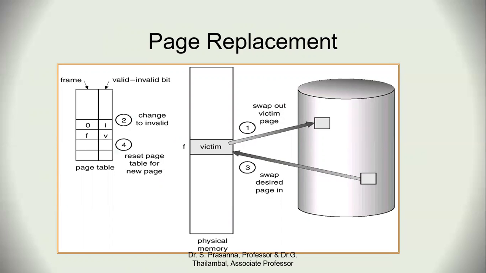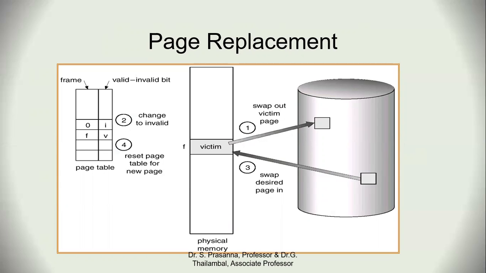So this victim page is selected, F is selected now. Therefore, this page needs to be replaced into the backing store, so swap out from the physical memory to the backing store. That is your first step. And your second step is to change the bit into invalid, because this victim page F is not available now. So therefore, F, which contains the V bit, will be converted into the I bit.